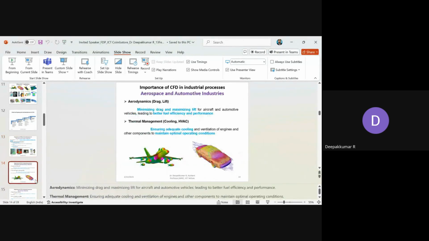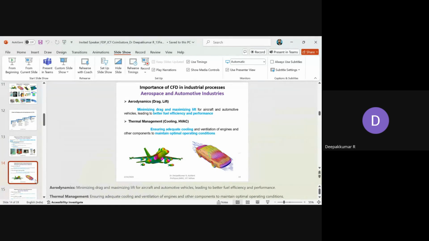Another very important industry is aerospace and automotive, where both aerodynamics as well as HVAC play a major role. CFD plays a major role in the aerodynamic structure of the vehicle. Not only aircraft or automobiles, it is also used in submarines, where you can find the hydrodynamics of the structure.